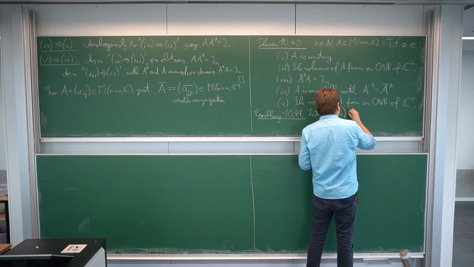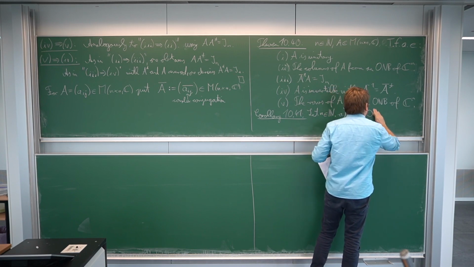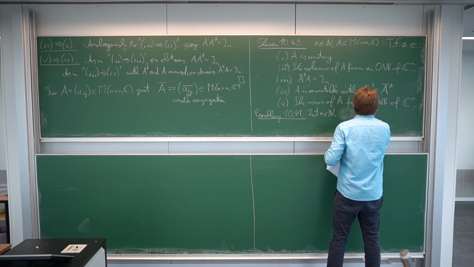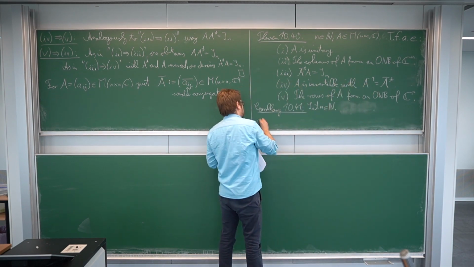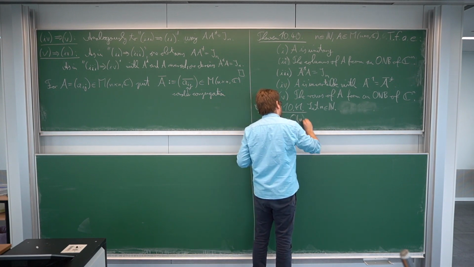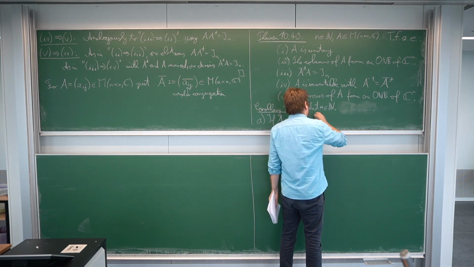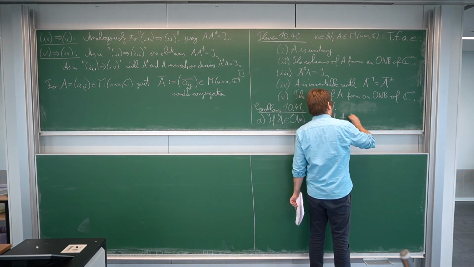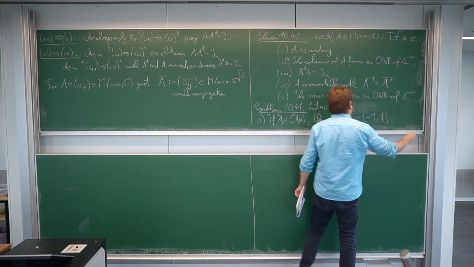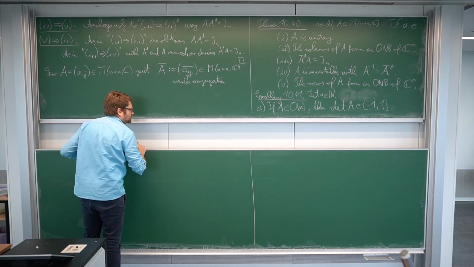Part A: if A is an orthogonal n by n matrix, then we can say something about its determinant. Namely, the determinant of A is very restricted. It is either -1 or +1. Nothing more than that. And in the same way, we get something for the complex numbers.